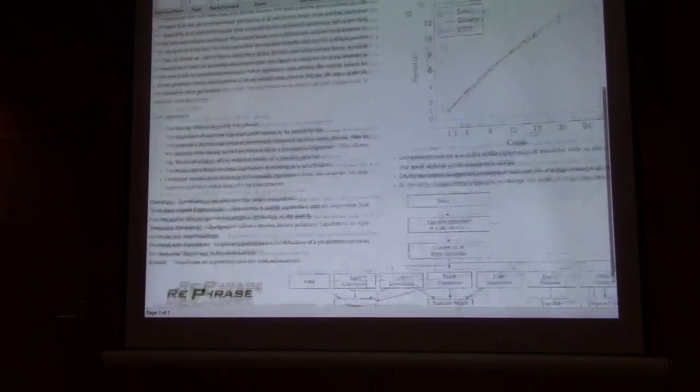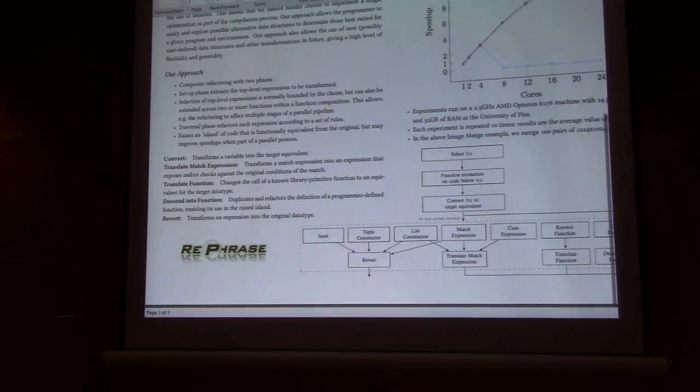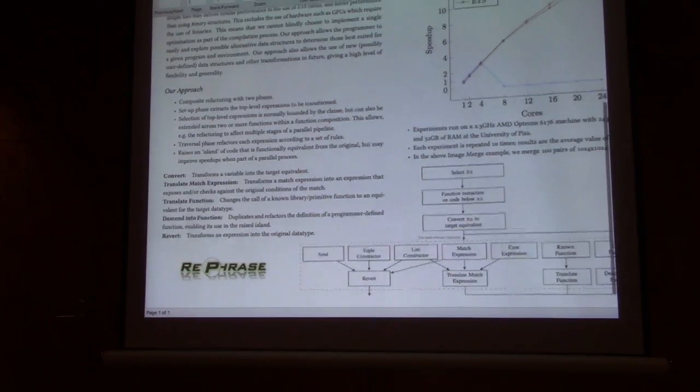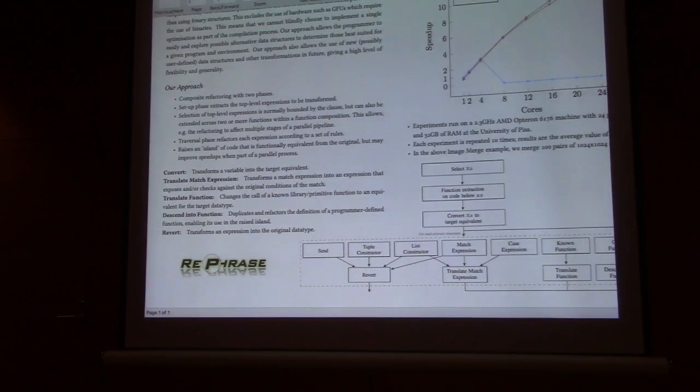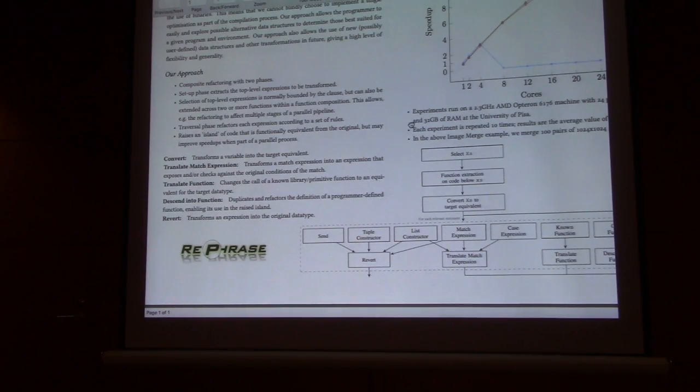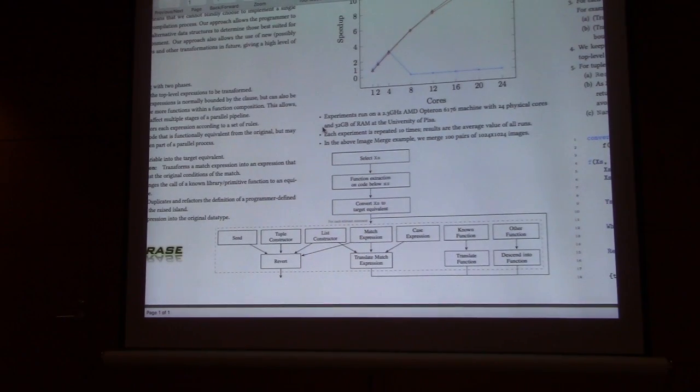We tried this approach with a bunch of examples. One is the image merge example, which takes a stream of input images, does some calculation on them and merges them into a single one.